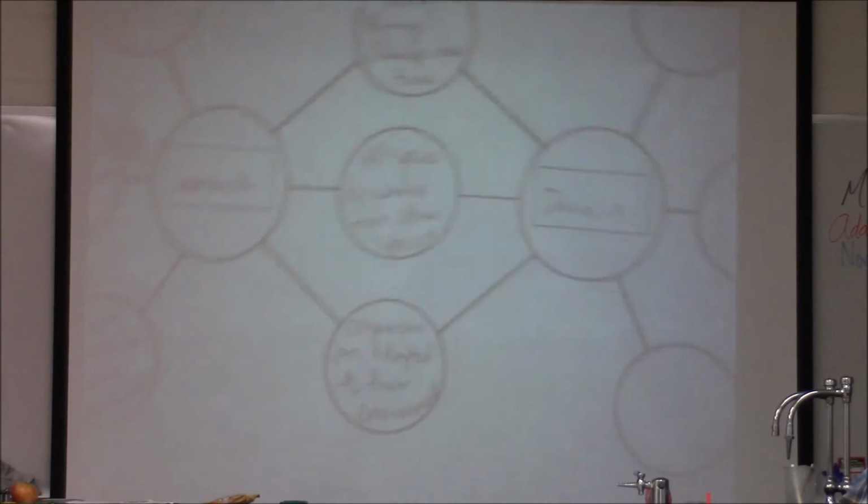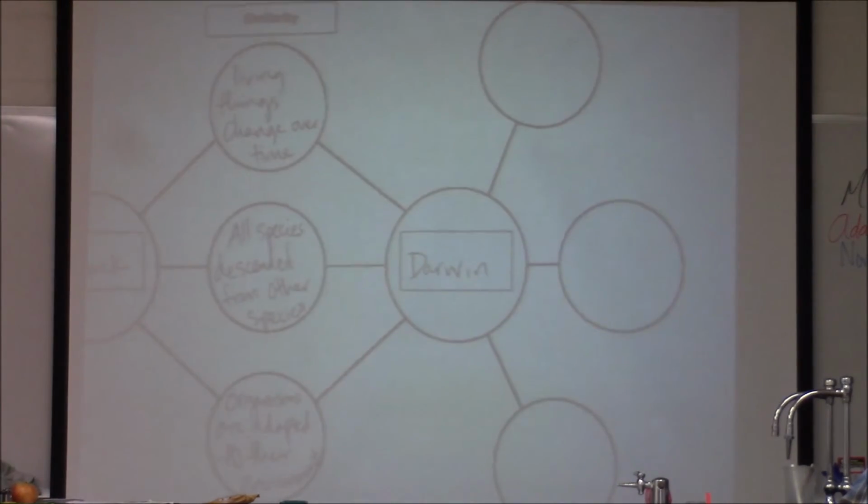Now on the differences for Darwin, what did he find out? Climate change traits, like environment? Yeah, good.